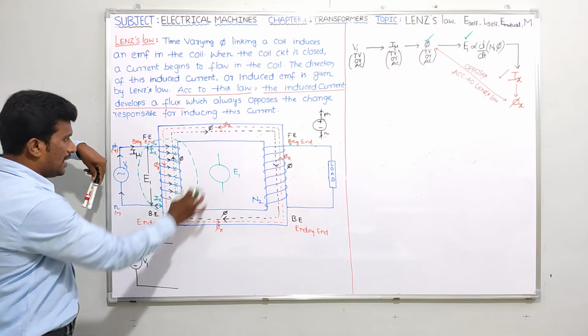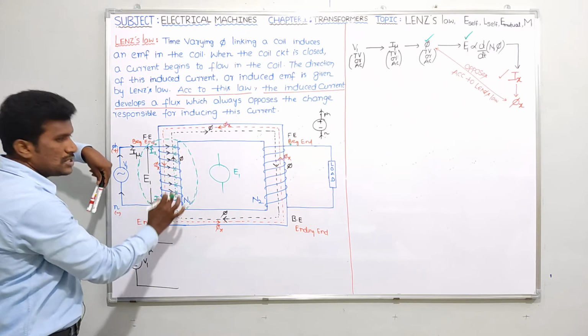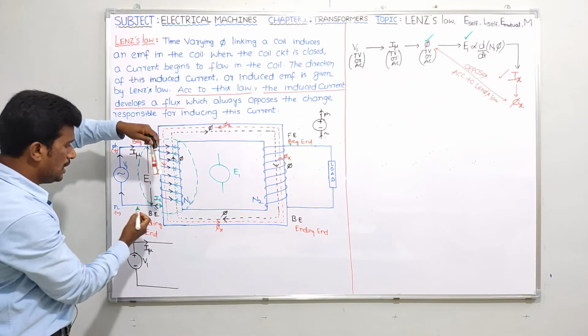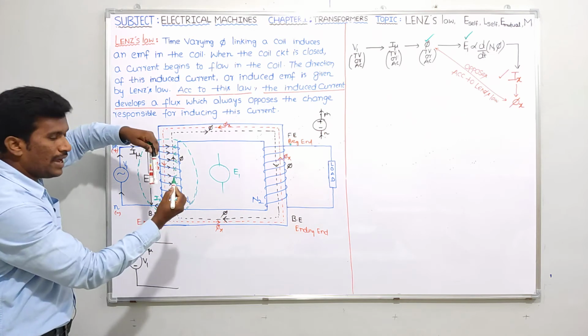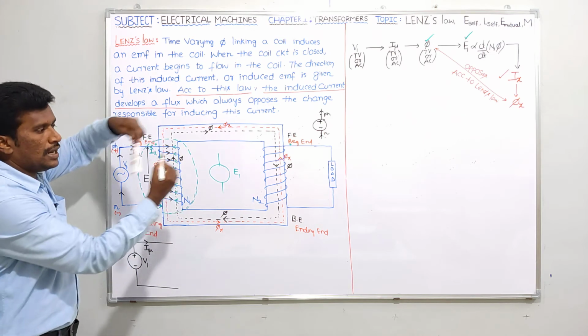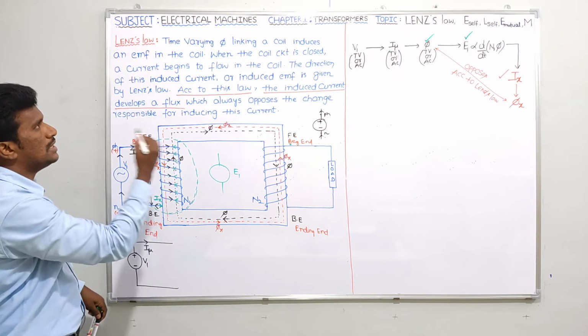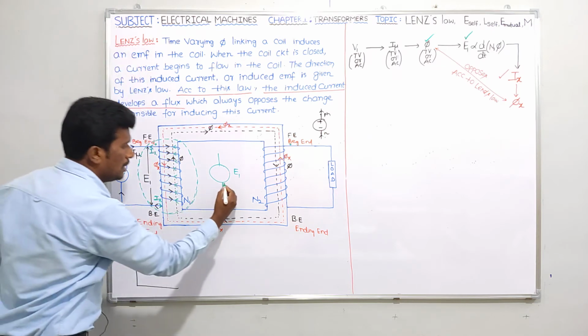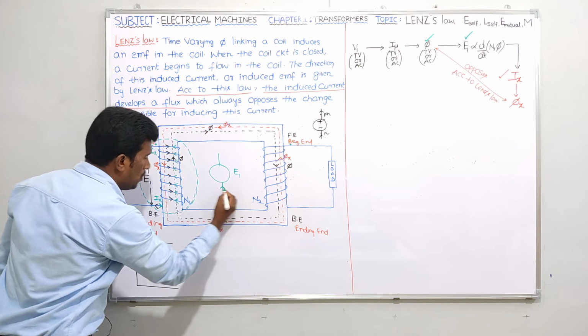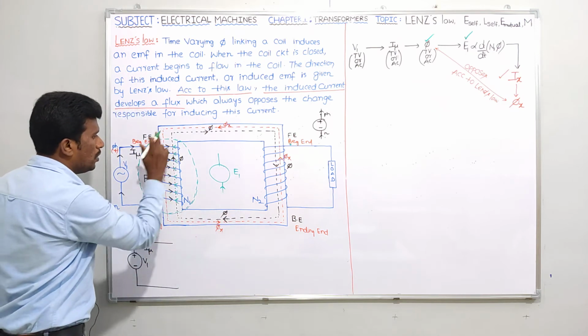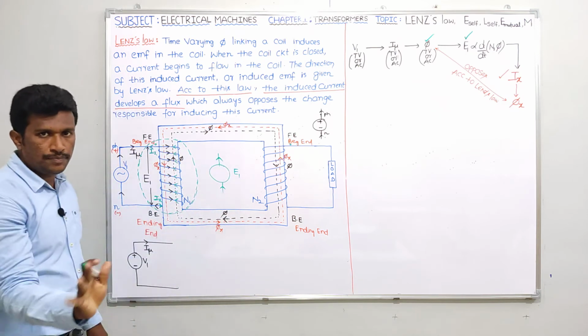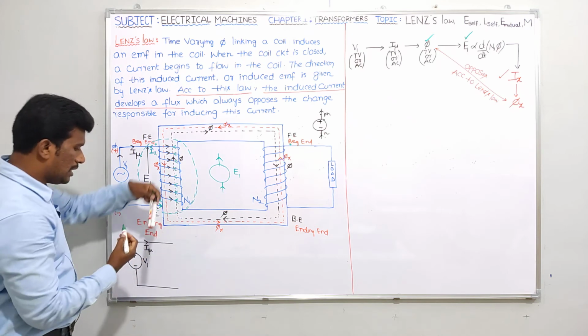And now tell me, very simple. If I consider this primary winding as the source, see, current is entering at the back side, leaving at the front side, entering at the back side, leaving at the front side, going like this, no? Yes sir. That means it is entering downwards and going upwards.